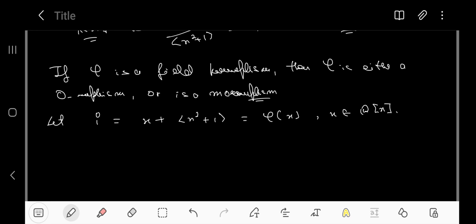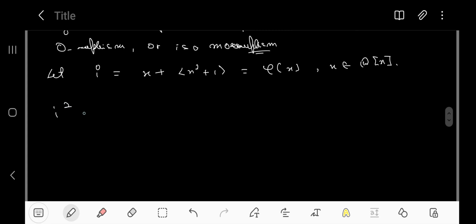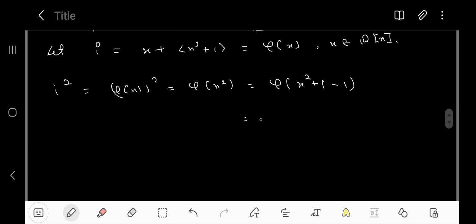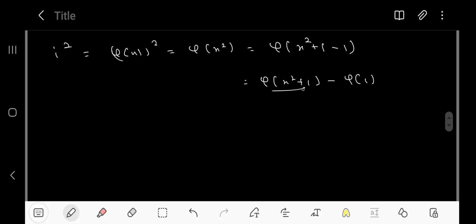Now notice what happens. See, what is I squared? So I squared is phi of x whole squared, and by the properties of homomorphism, it is phi of x squared. Now we can write x squared as x squared plus 1 minus 1, again using the properties of homomorphism, so it is phi of x squared plus 1 minus phi of 1. Now what is phi of x squared plus 1?